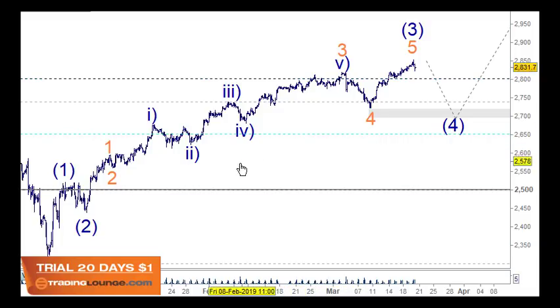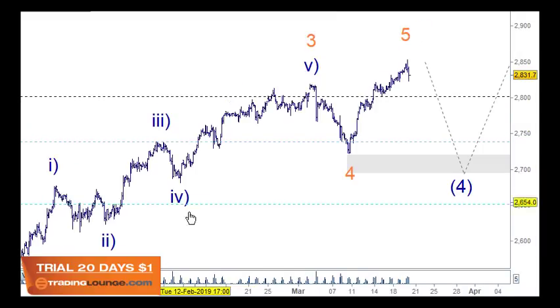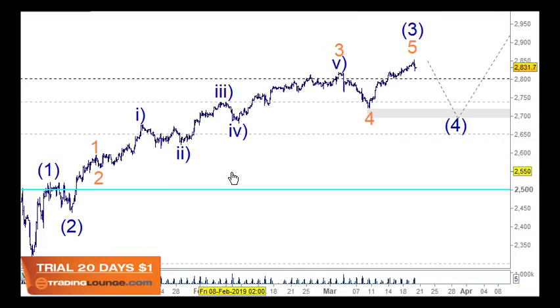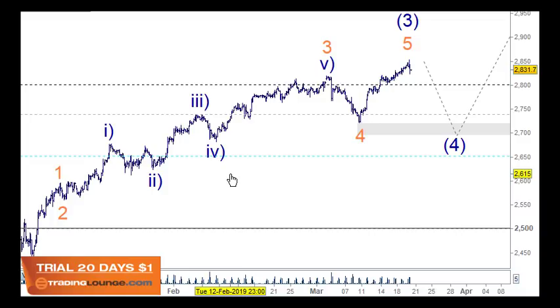The problem with this one too is that when we're looking at this move up here, this would be wave 2, wave 2, wave 2. So this would be the third of the third of the third here. So we'd expect that to really be powerful here. It was pretty powerful, but I just expected it to be more so, like really moving straight up into this space. So that's a problem.